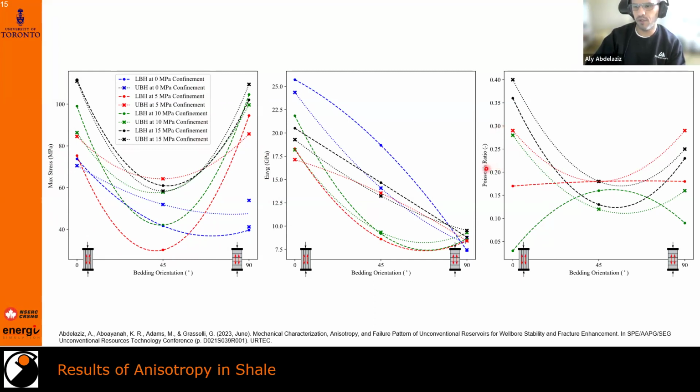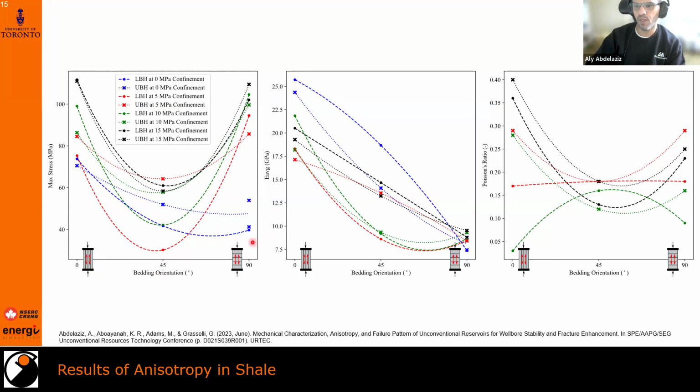I want to highlight the following: because we have data at 45 degrees, now we can look at the anisotropy a bit more. You see that when there is no confinement, there is a linear loss in strength from parallel to bedding to perpendicular to bedding.